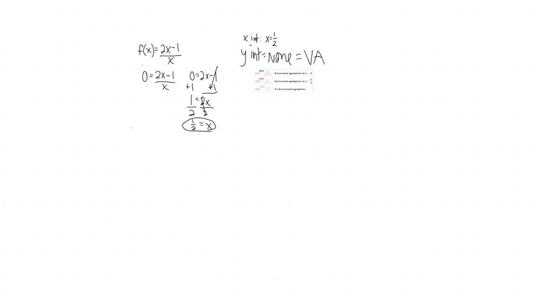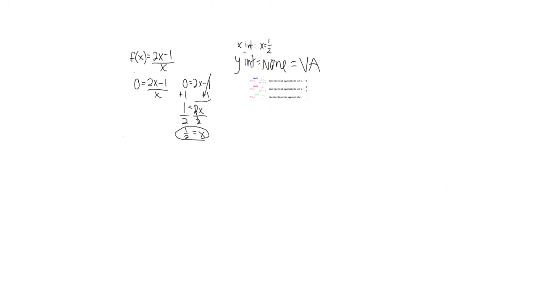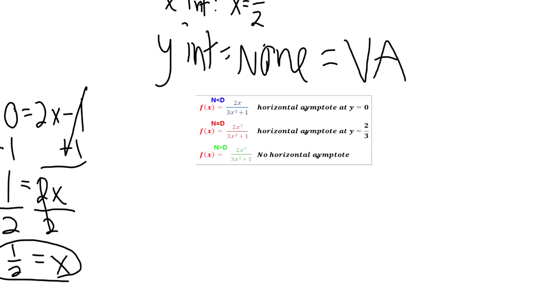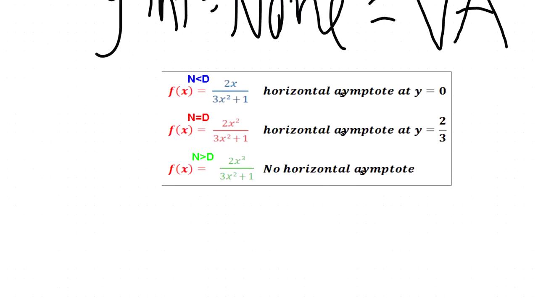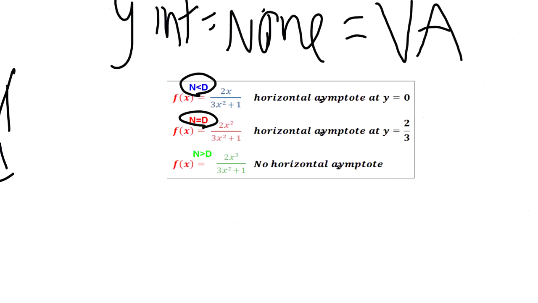Let's do the horizontal asymptote. We've got this little anchor chart we've been using to help remind us of how to find the horizontal asymptote. This is just a rule of thumb to go by. We've got 3 different options.